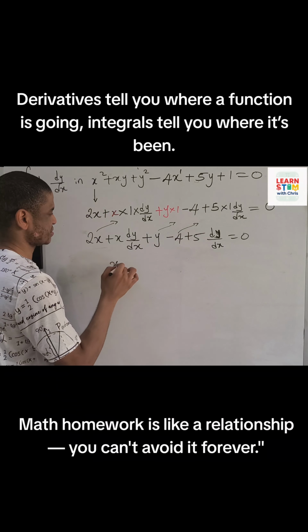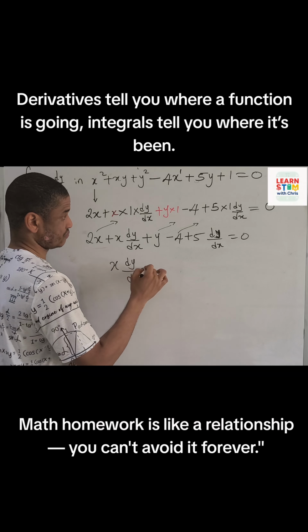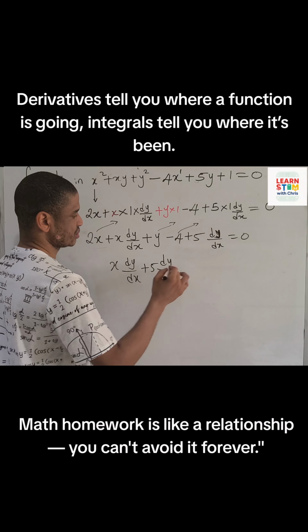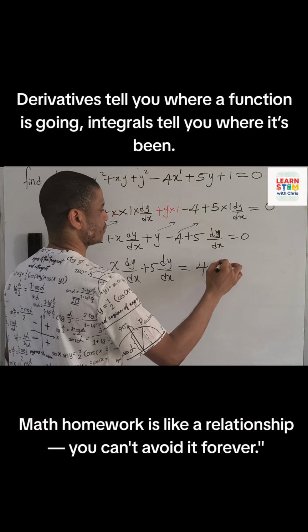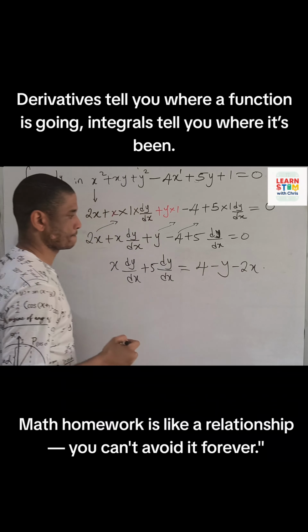So I have x dy/dx plus 5 dy/dx is equal to 4 minus y minus 2x.